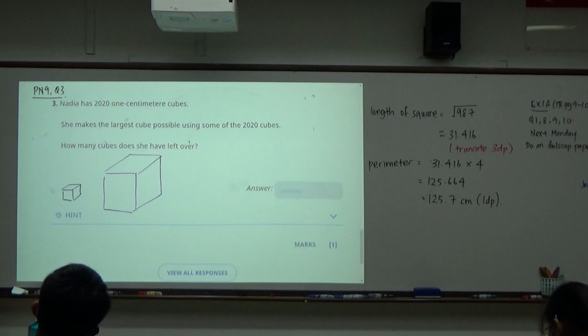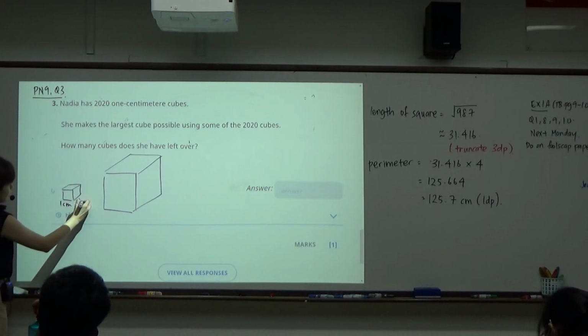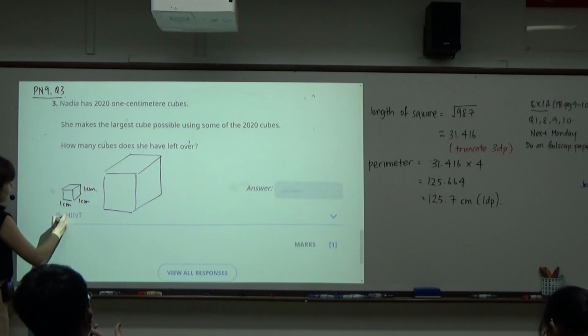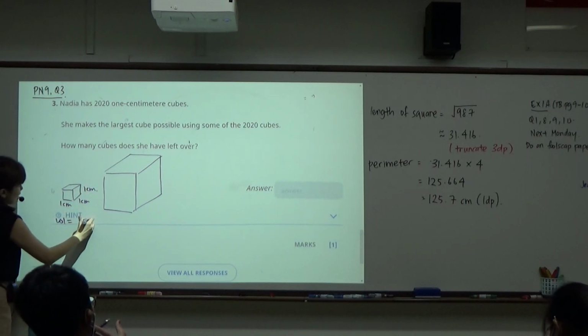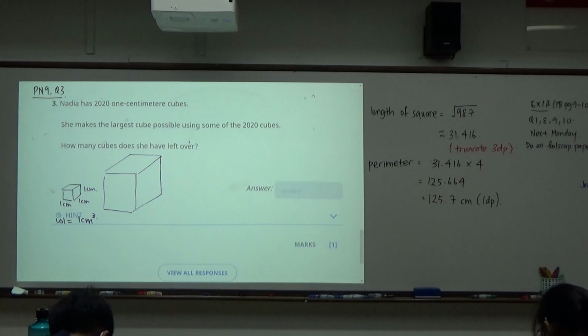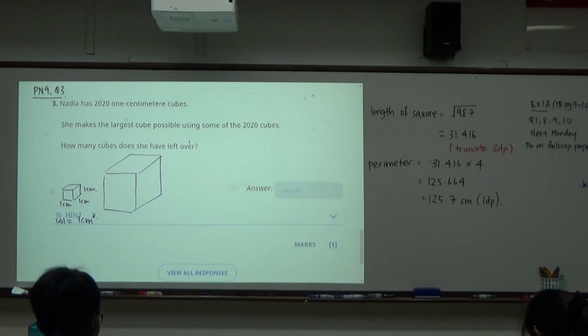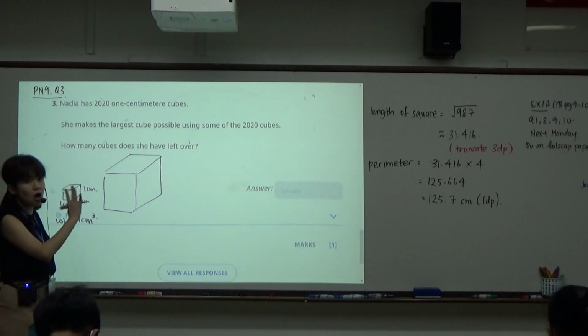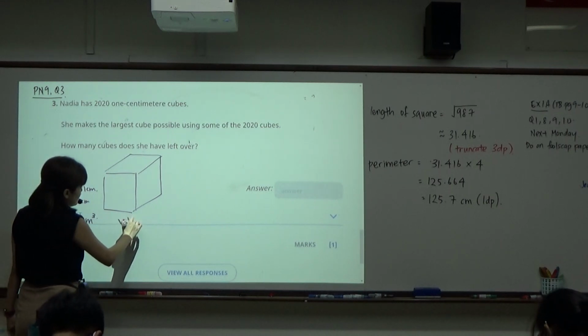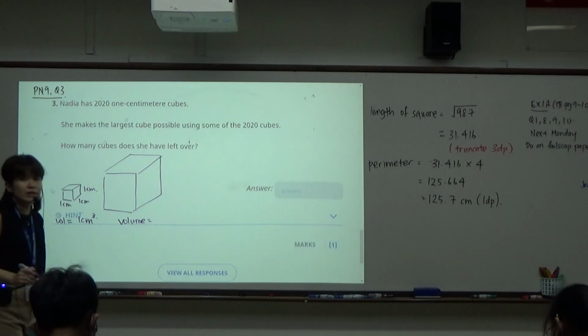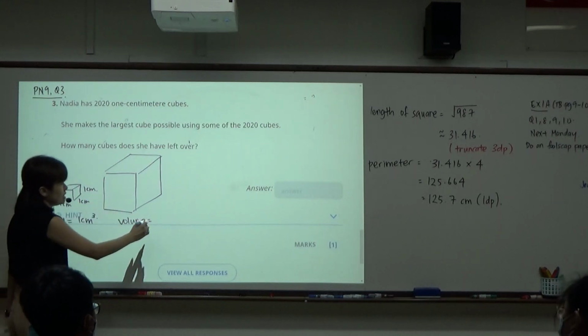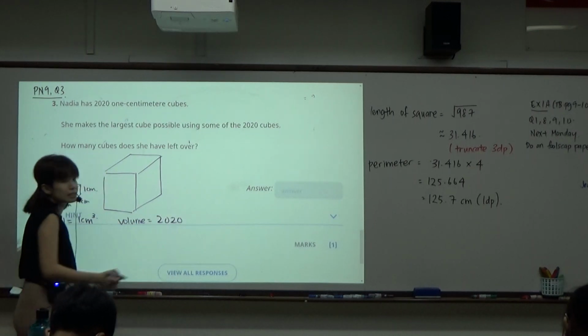Now we know that for the small cube, because they are all 1 cm in size for each side, the volume is actually 1 cm cubed, which is what we agreed upon earlier. Because we have 2020 and we want to make the largest possible, let's look at what if we use all the 2020. If I use all the 2020, that means my volume over here must be 2020.